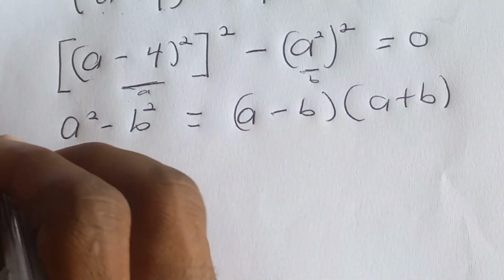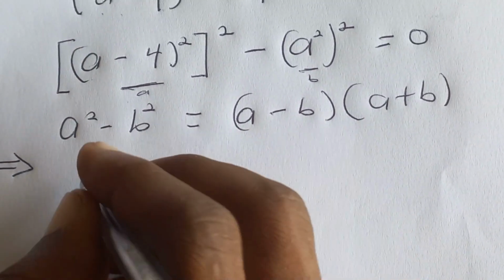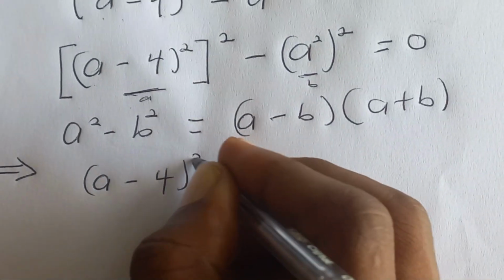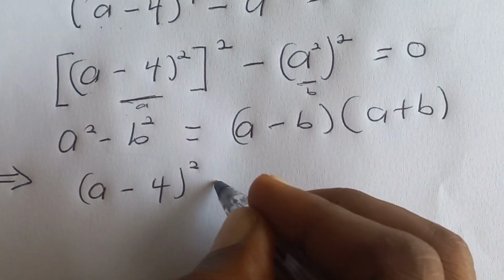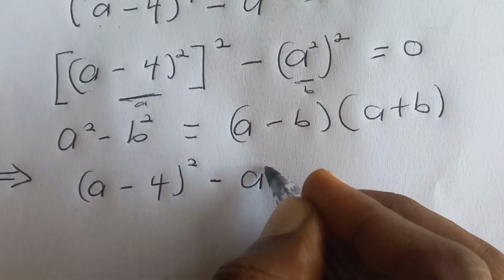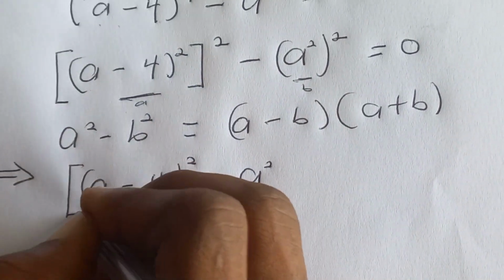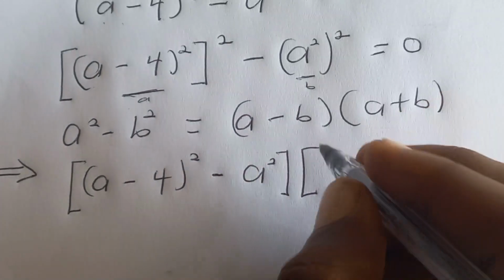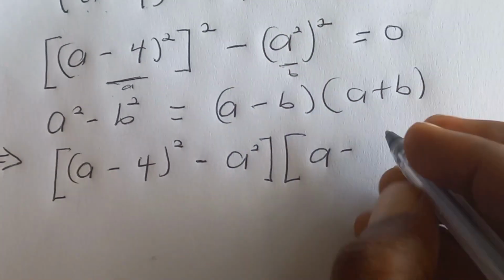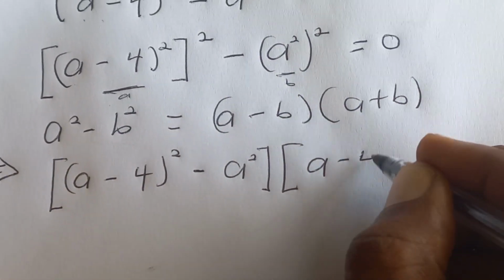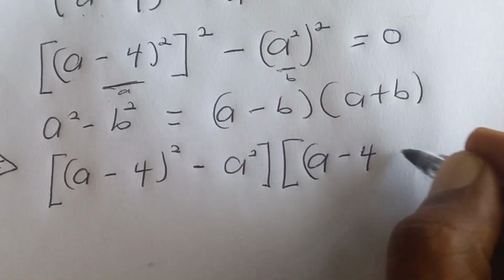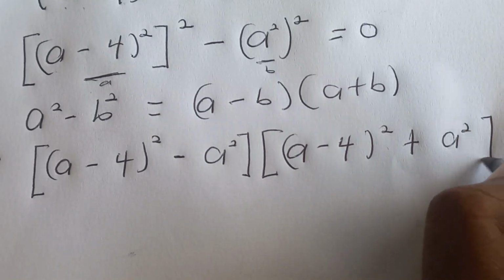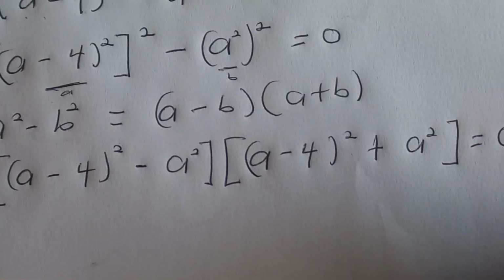Okay, so we are going to get (a minus 4) all squared minus a squared, which is our b, then brackets open, we have (a minus 4) all squared plus a squared, bracket close, which is equal to 0.